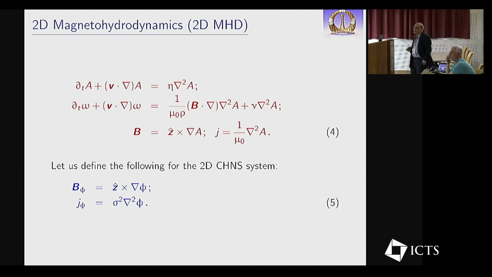And then with the identification, which I'm not going through in detail, that you could define an effective magnetic field for the scalar 2D Cahn-Hilliard-Navier-Stokes system, with this identification, there is a more or less one-to-one mapping. It's not exact between the 2D Cahn-Hilliard-Navier-Stokes system and 2D MHD.